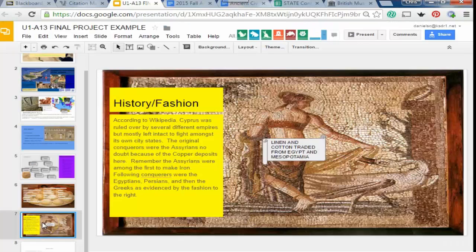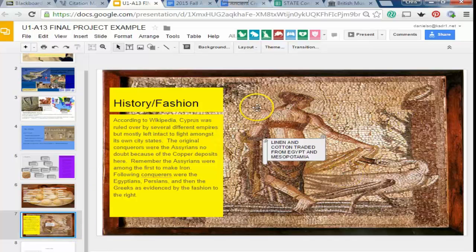And on to the final piece that we needed to check off our list. Here's some history/fashion. This is a mosaic from Cyprus, okay? And even though they're trying to be a little bit inappropriate like the Greeks here, they're getting in that ideal form. This is Leda and the Swan, comes from Wikipedia. Okay.